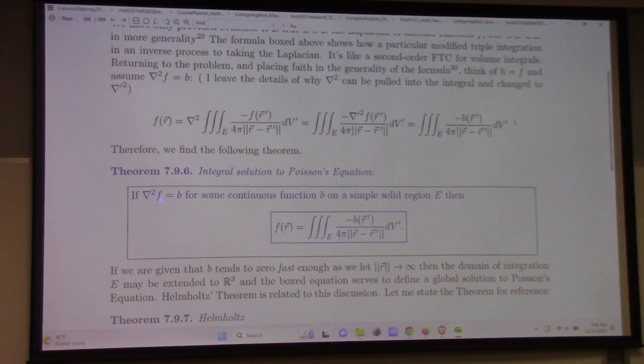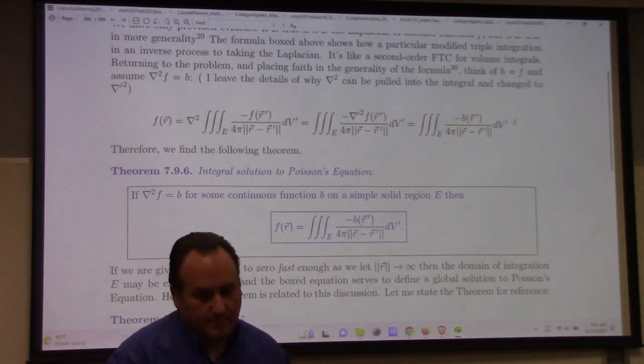If you're trying to solve nabla squared f equal to b for some continuous function b on a simple solid region E, you just integrate b divided by 4 pi times the distance between the point you're trying to find the solution at and the integration variable r prime. So if you were to put this into practice for the physical problem of Poisson's equation, what would you be integrating?